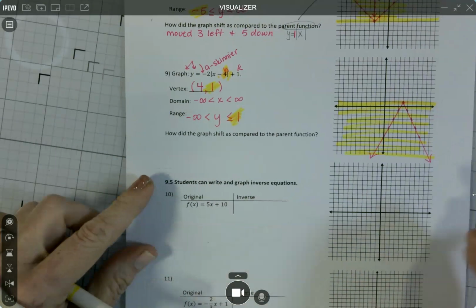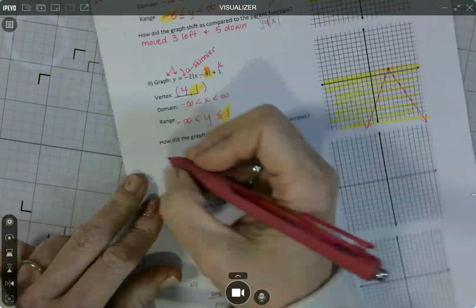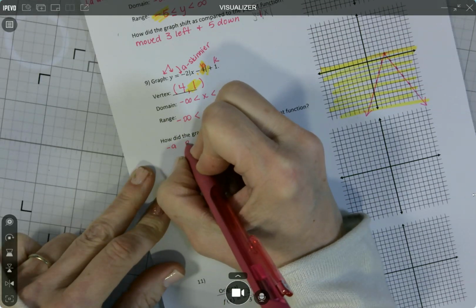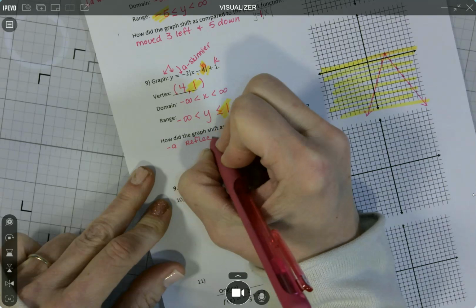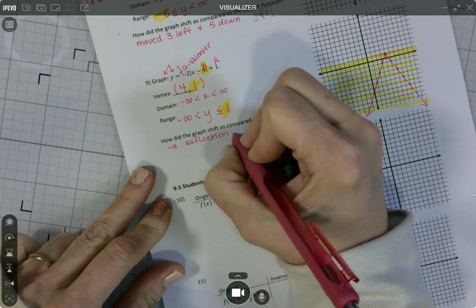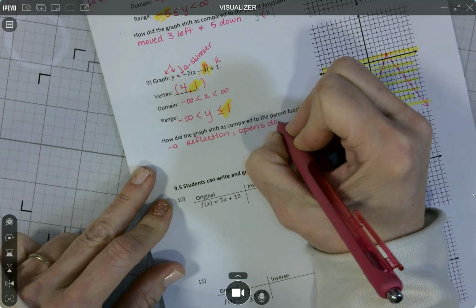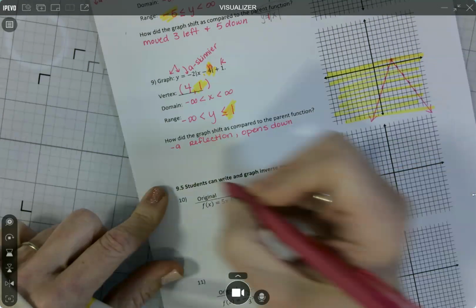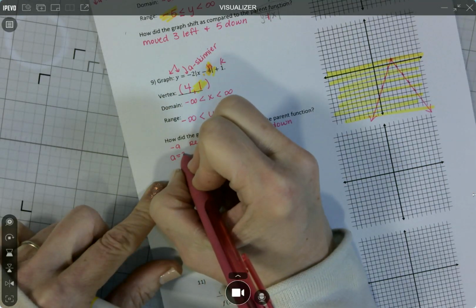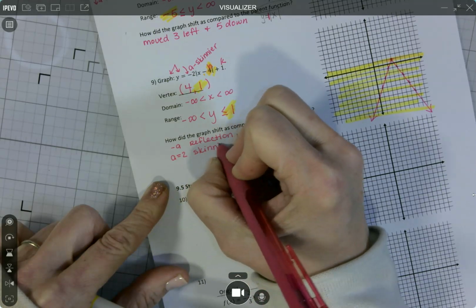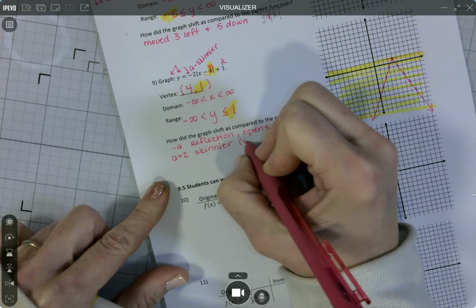So how did it change? Well, first of all, negative A, so it was a reflection, and it opens down. Okay. Then the A was a 2, so it got skinnier. In other words, we stretched it.